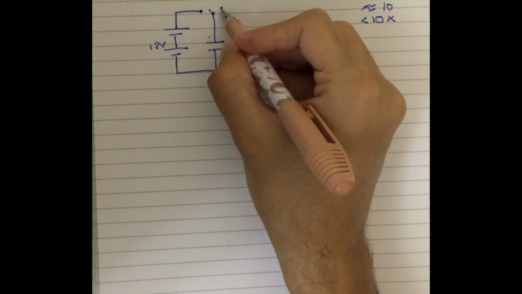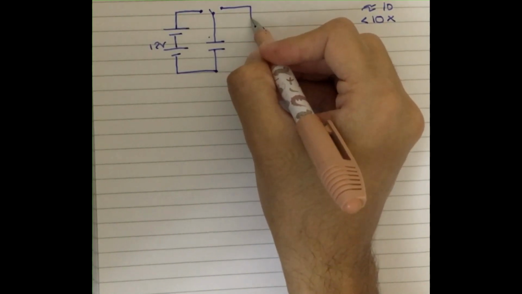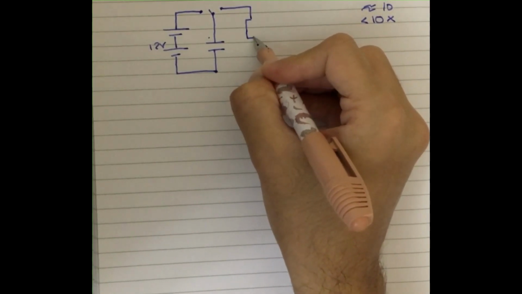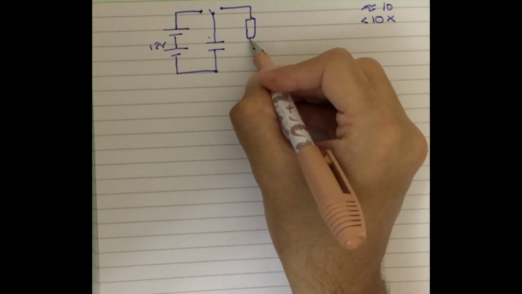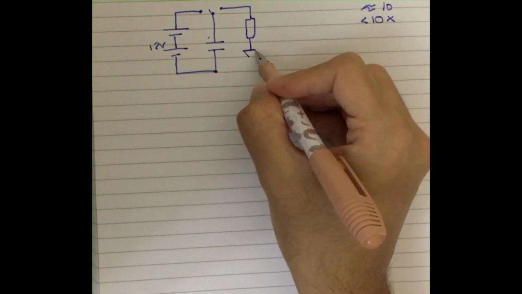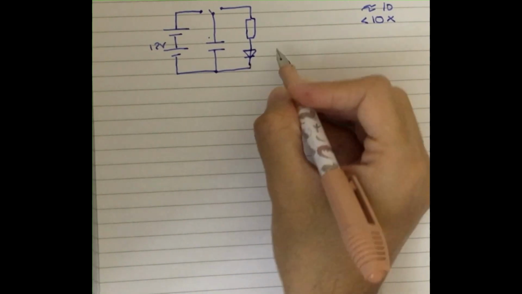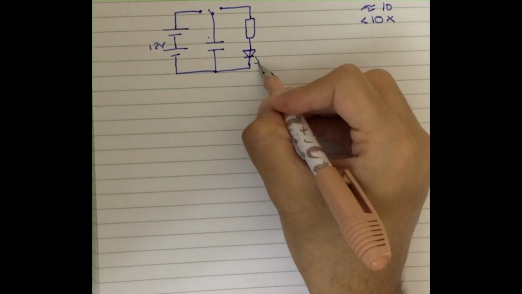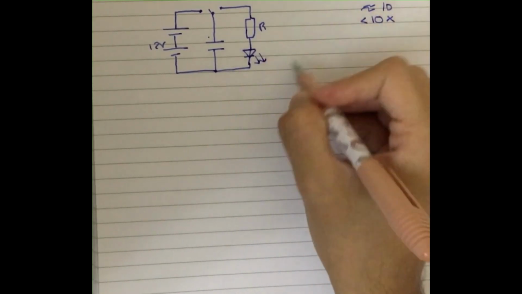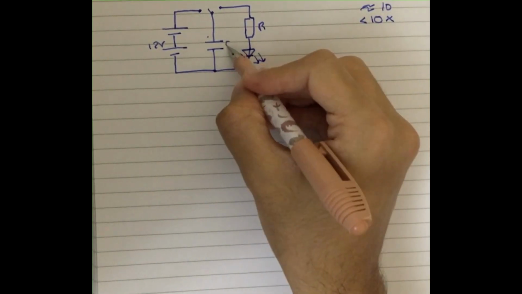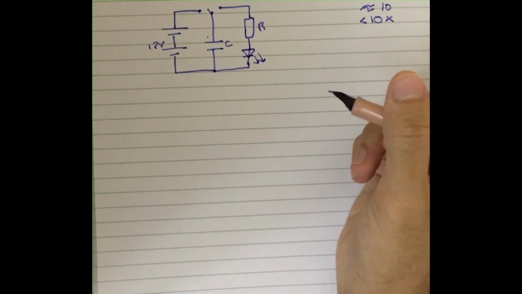This is our dot, one more dot over here, resistor, right? And this is our LED, light emitting diode, right? So this goes right here. This is R, this is LED, this is capacitor and this is our power supply.